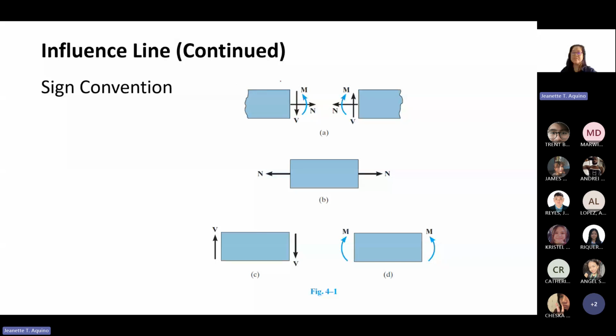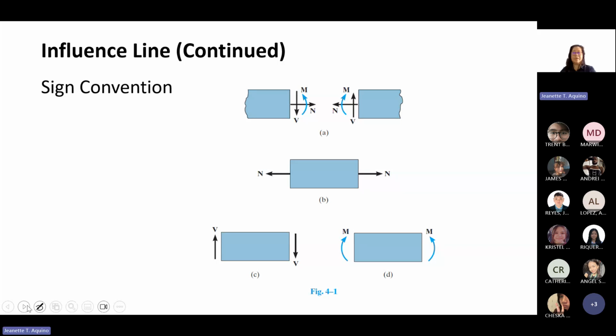For the segment on the left, shear will be downward, normal force to the right, and positive moment counterclockwise. The right side will be the opposite of the left. So if your shear is downward here, it is upward there, your normal force is going to the left, and the moment is clockwise. It's the same here.